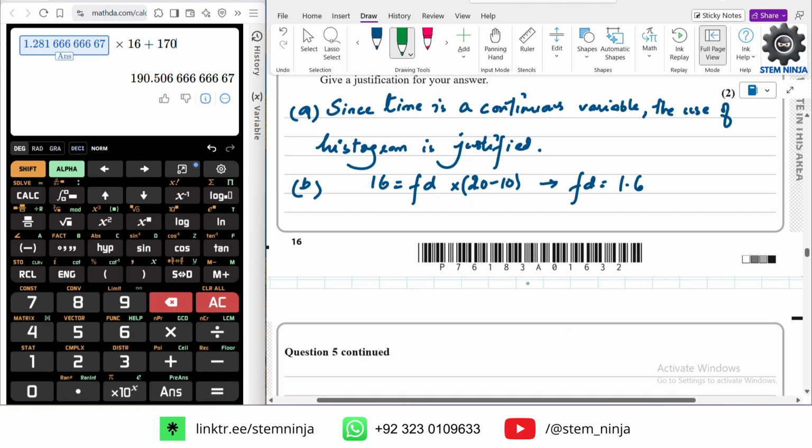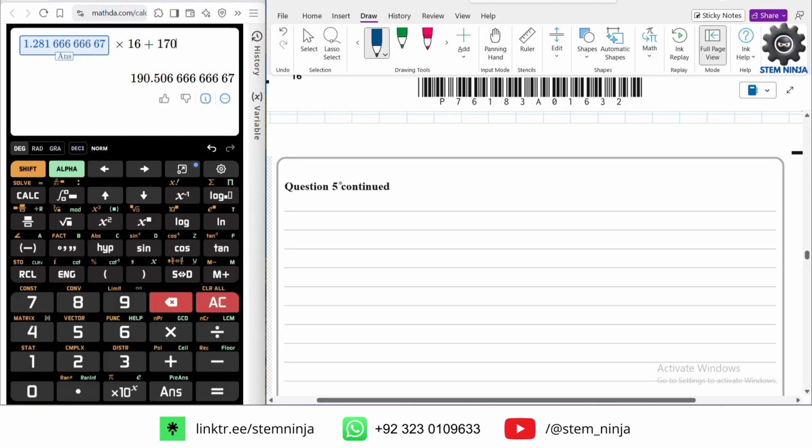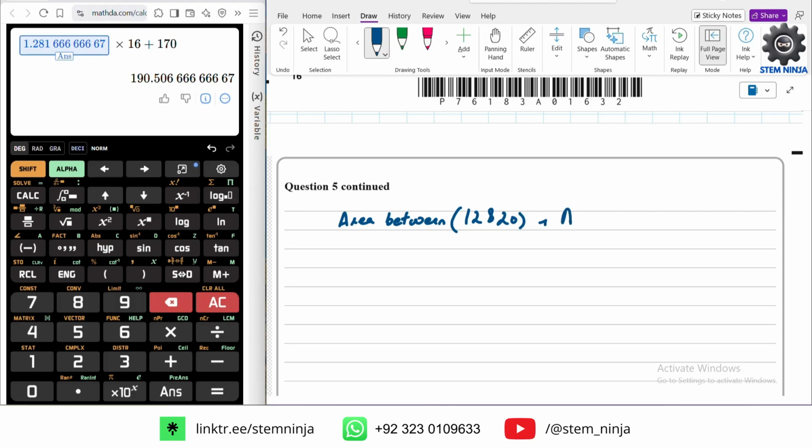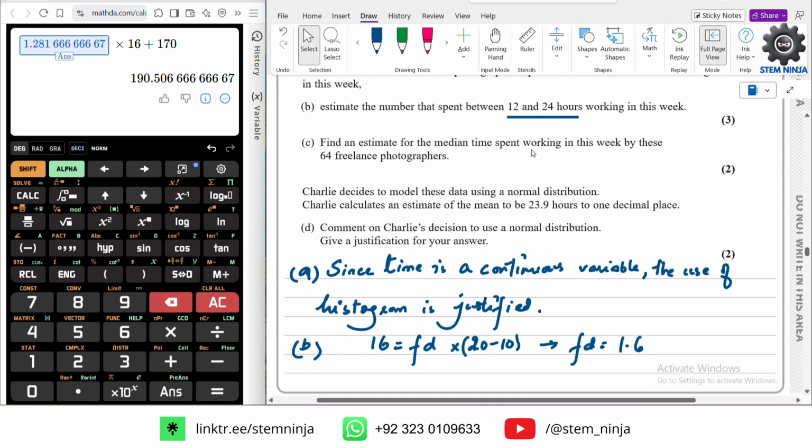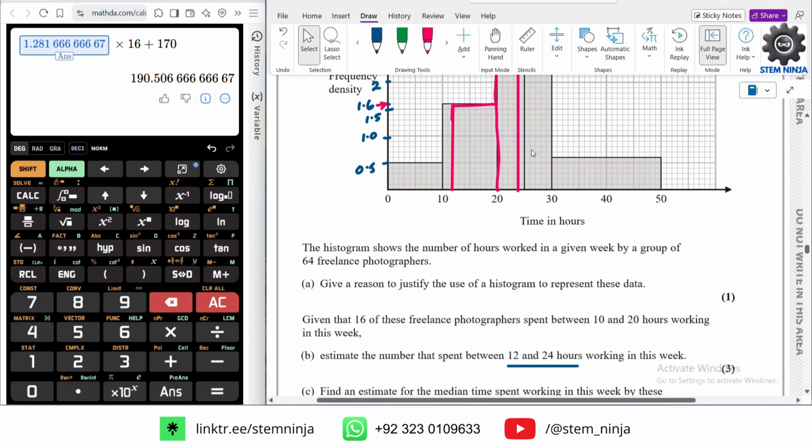So, area between 12 and 20 plus area between 20 and 24. Time, basically, right? So, right, okay.